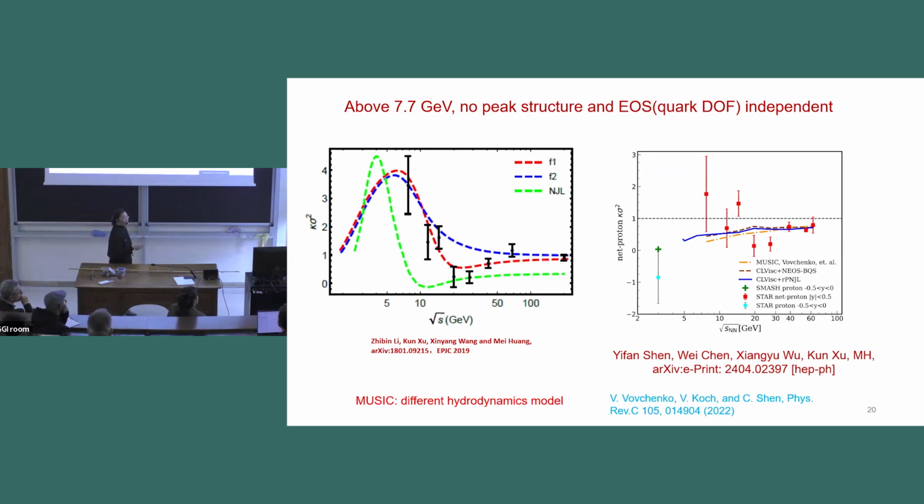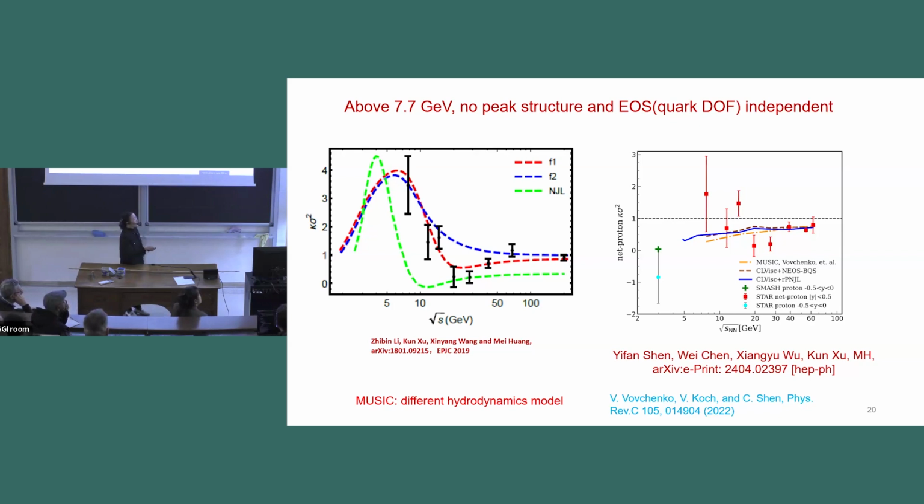From equilibrium, you would expect such a non-monotonic structure. But if you use this hydro, whether you have the critical point in your equation of state or not, this brown one is for the equation of state without the critical point, and this blue one is with the critical point.